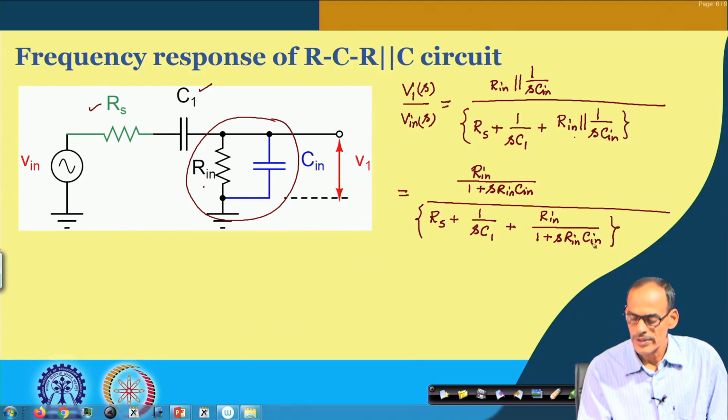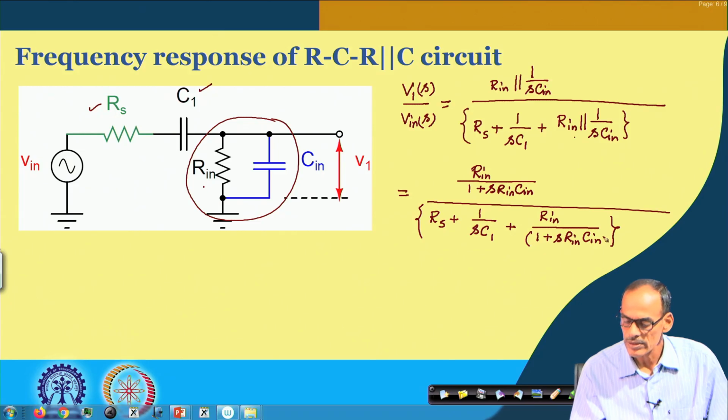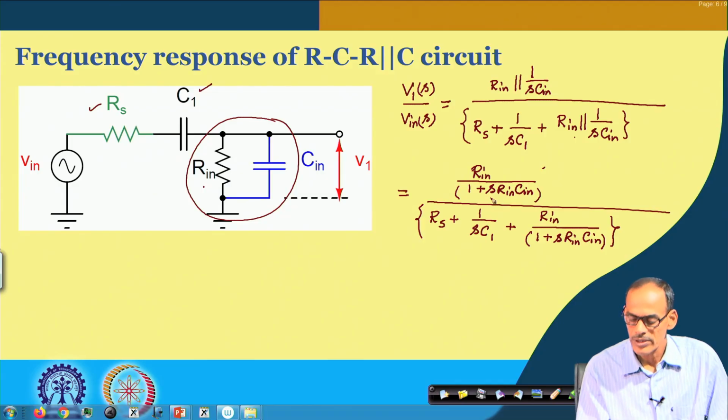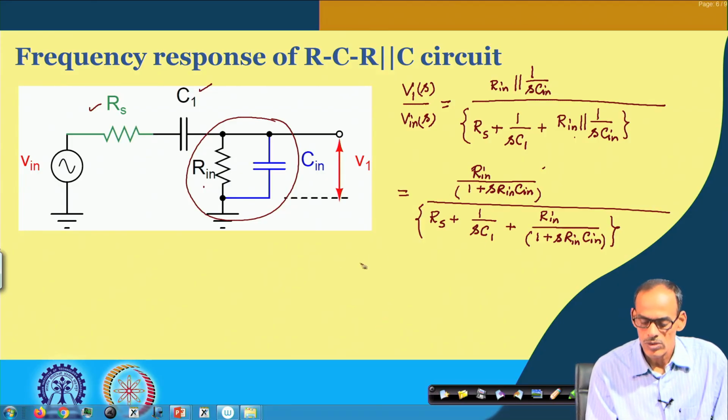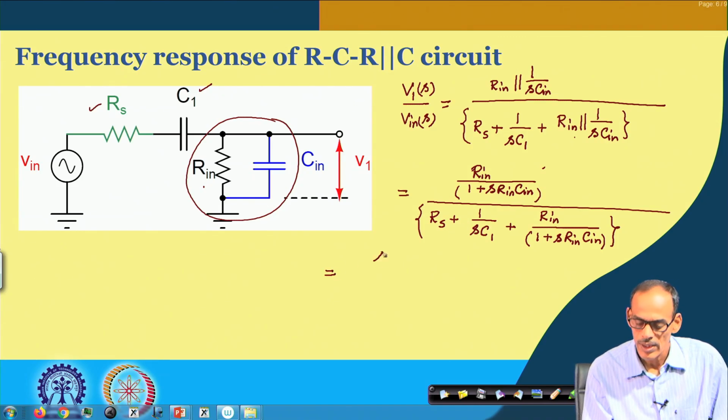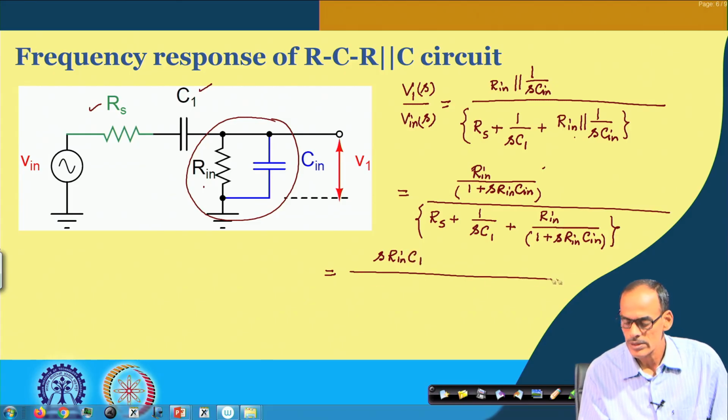Now, if I further simplify, this factor in the numerator gets cancelled with this factor, but then we do have sC1. So, in the numerator we do have sR_inC1, and in the denominator we do have all these things getting multiplied.